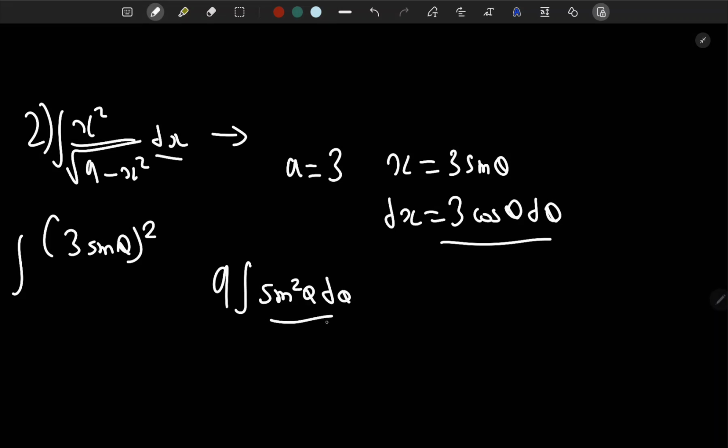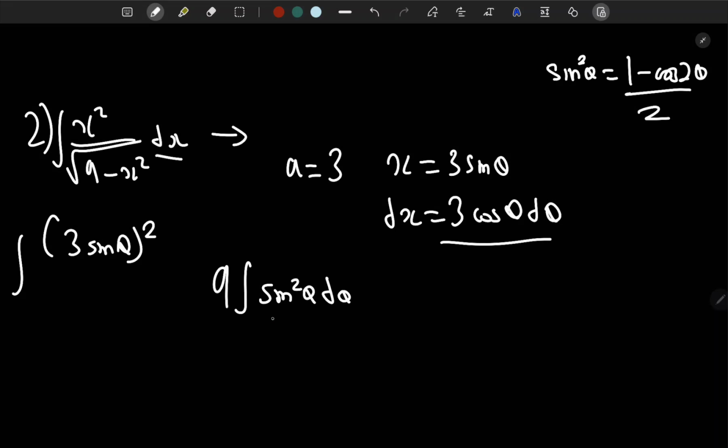Here we realize that we need to use our half angle identity, because we cannot integrate sine squared directly. The half angle identity is sine squared delta equals 1 minus cosine 2 delta over 2.